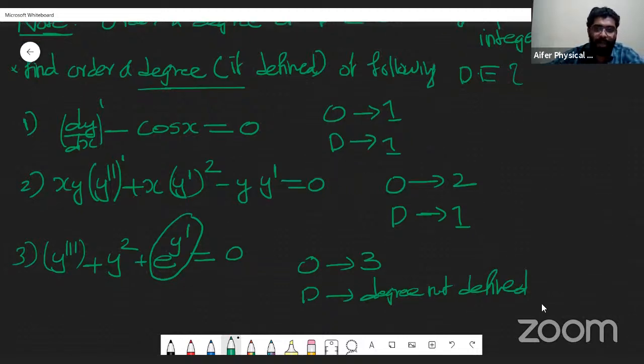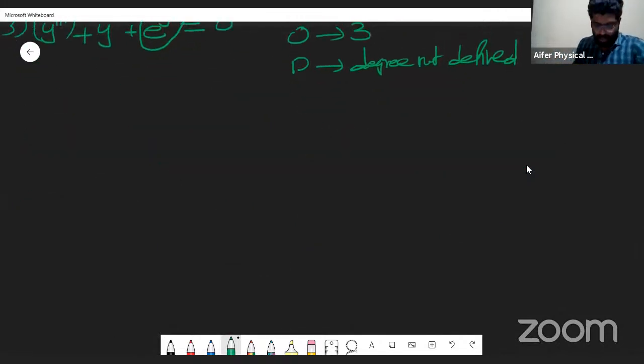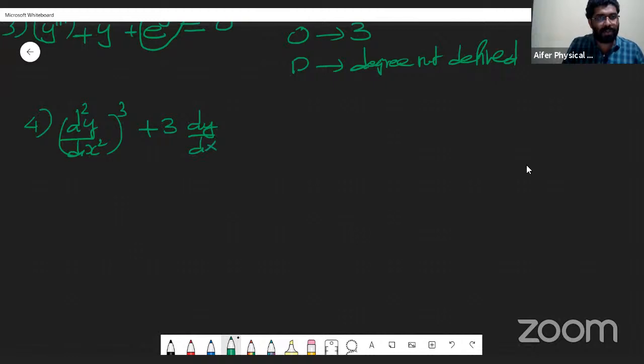So we will discuss more types of questions. Wait a minute. I will take some questions. Okay. Please simplify: (d square y by dx square) whole power 3 plus dy by dx plus 5y equal to 0.